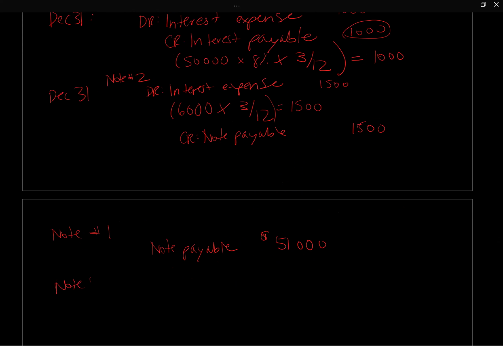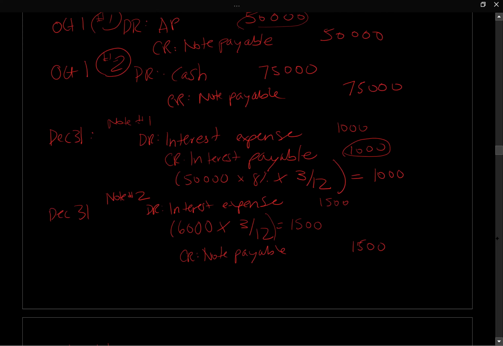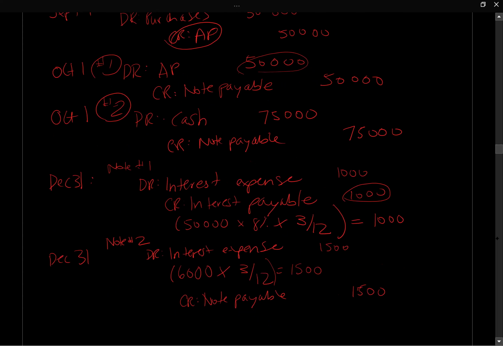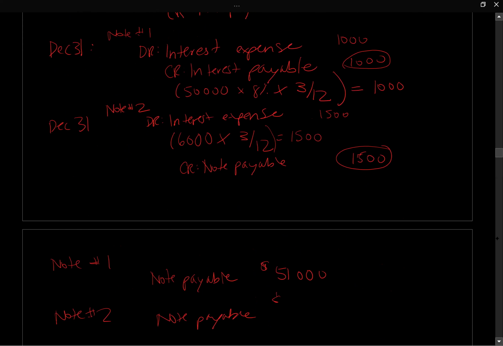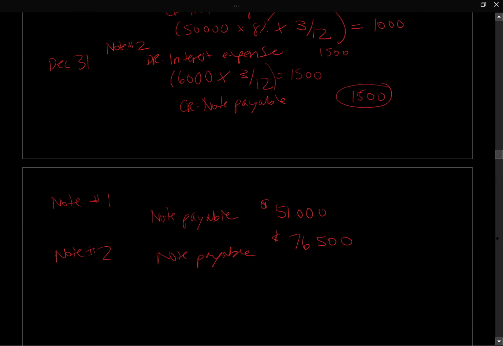And note number 2 is going to be note payable, 75,000 plus 1,500, so this is going to be 76,500. Again, it's just important to recognize that the interest payable amounts would be included in the financial statements in the note payable amount. Excellent. I think we've mastered notes payable.